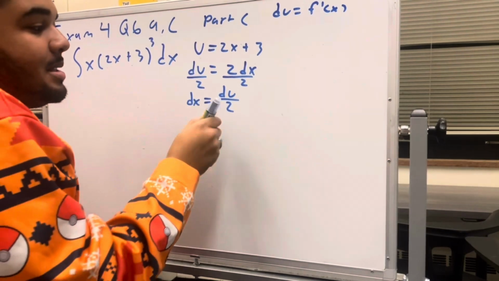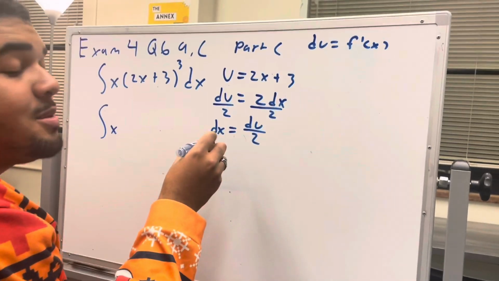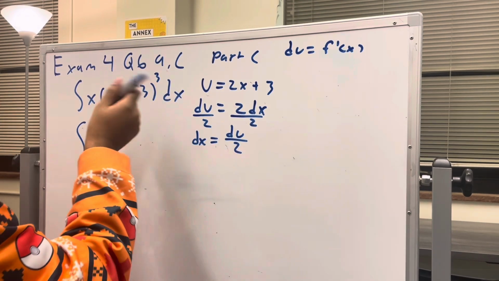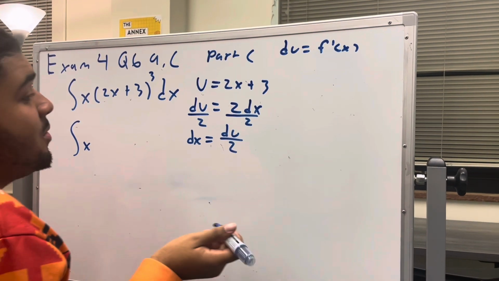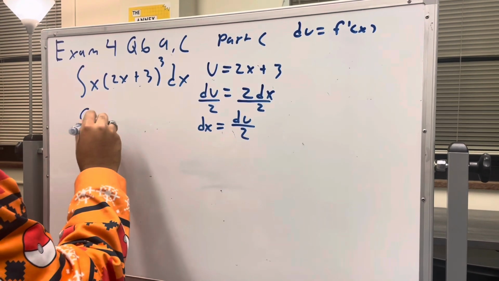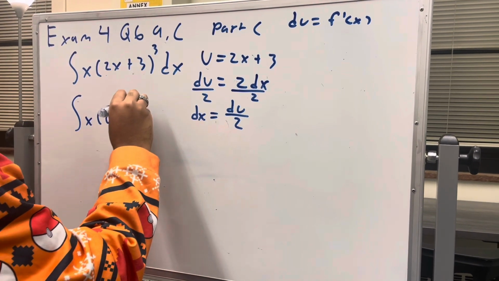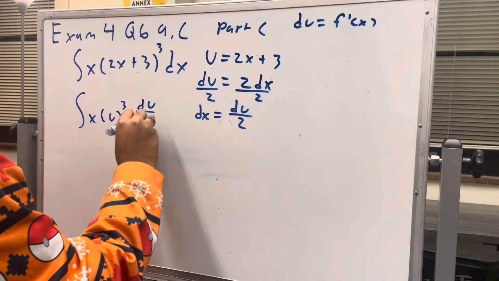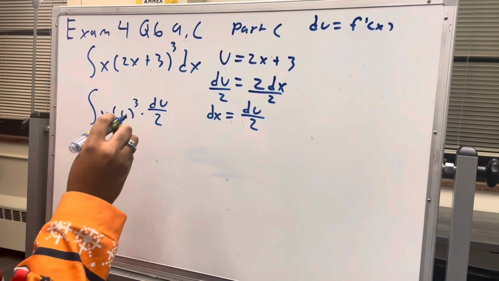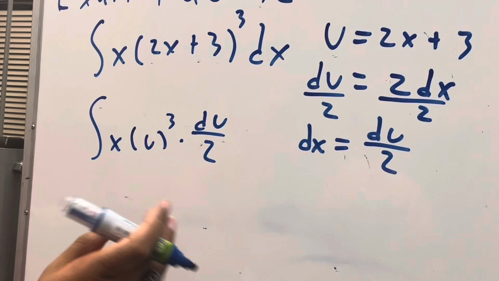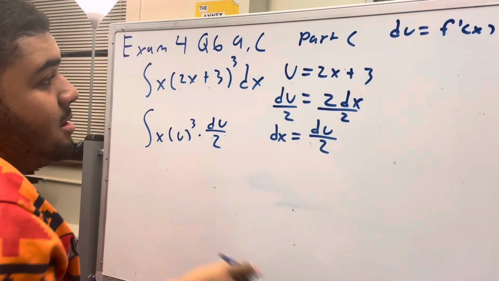You want to use this to cancel out something over here. So you would do x u to the 3rd times du over 2, but then we see there's nothing really to cancel out. So we need to find what our x is.